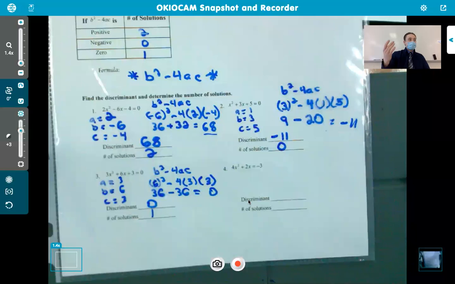For example, if it was 4 plus or minus 0 over 2, that's just going to be 2. You're going to find one solution. So we're trying to conceptualize the parallels we can draw between how this helps us determine solutions when using the quadratic formula, when graphing, and so on.